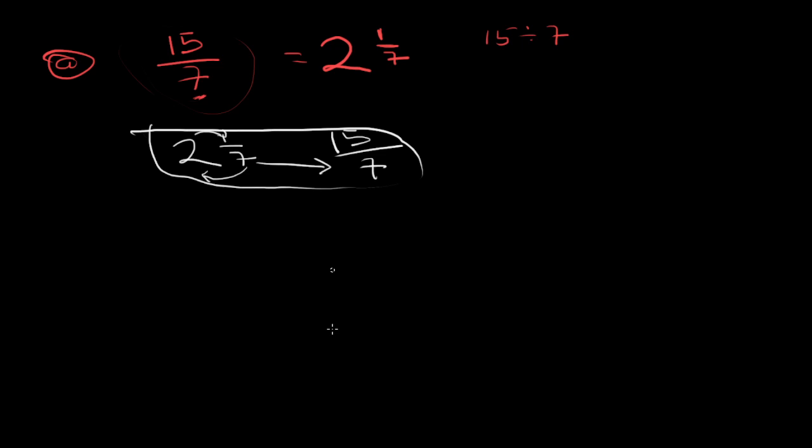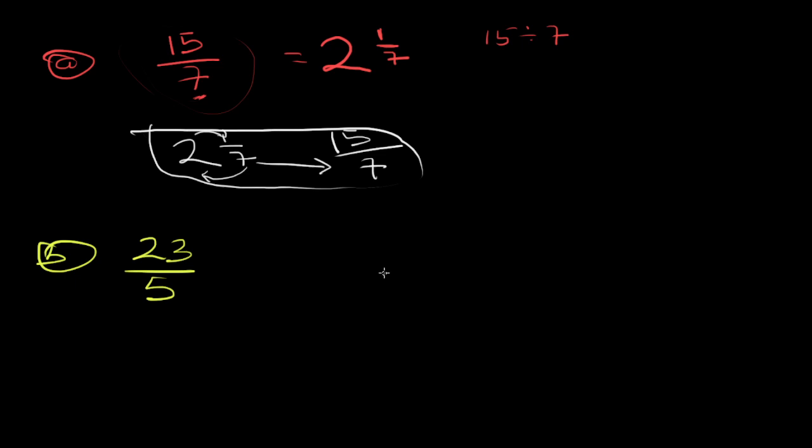B. B is in your notes, so you can check. We had 23 fifths, or 23 over 5. We're going to change this one to a mixed number. What do we do first?